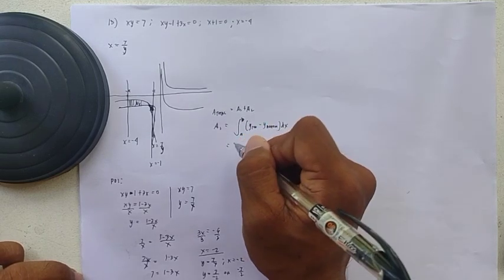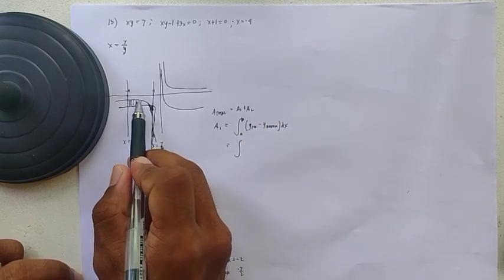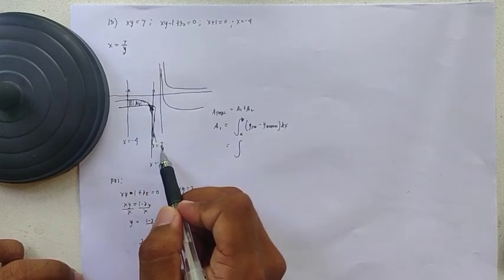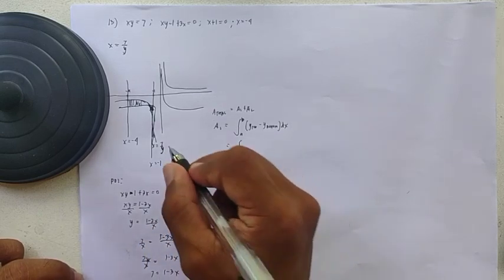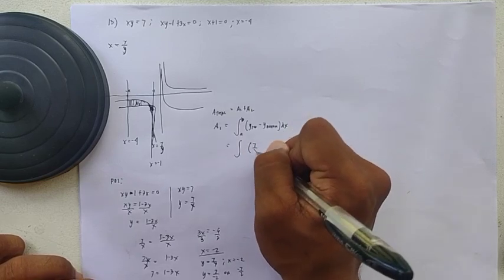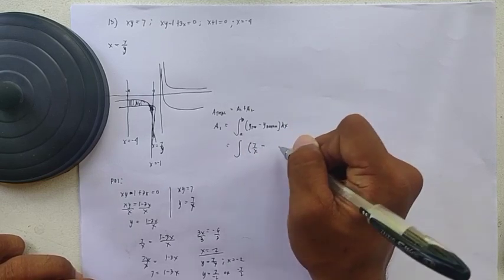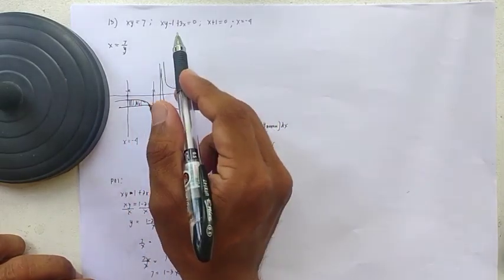So, magiging equals to the integral of, so ito po yung top ng area 1. So, 7 all over x. So magiging 7 over x minus yung bottom po natin ay yung equation na ito.